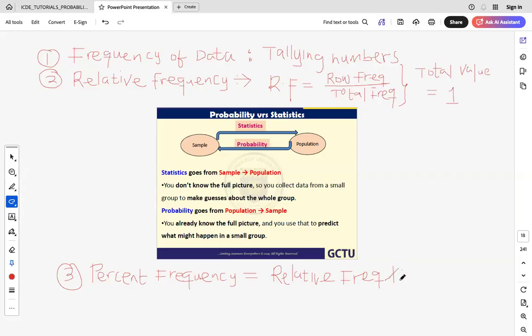So you multiply it by 100%. Again, the total value you should have here should also be equal to 100% at the end of the day. That is the third component of the technique we are looking at today.